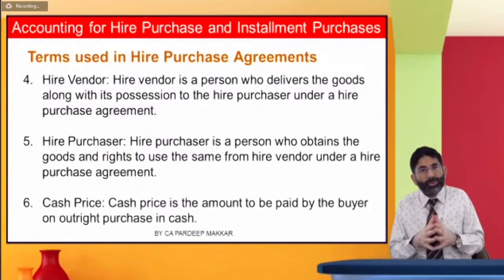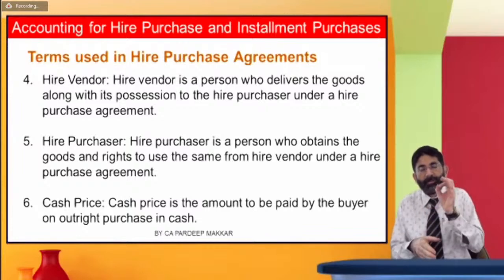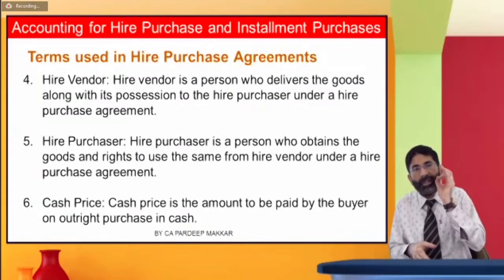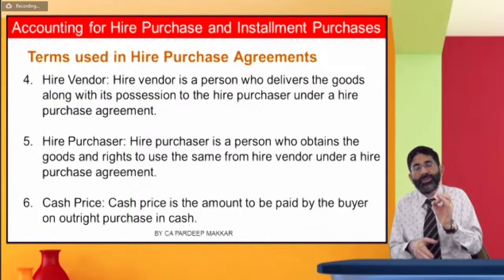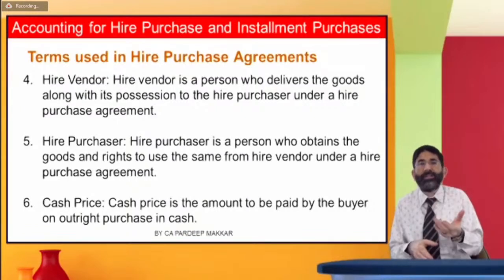Now, the most important word is cash price. Cash price means the price if we purchase the goods by making the full payment at the first instance. Whatever price we have to pay then, that is called cash price.